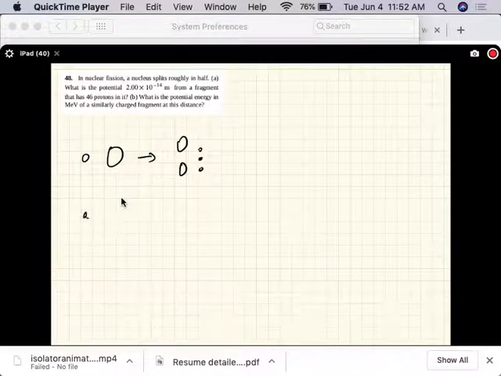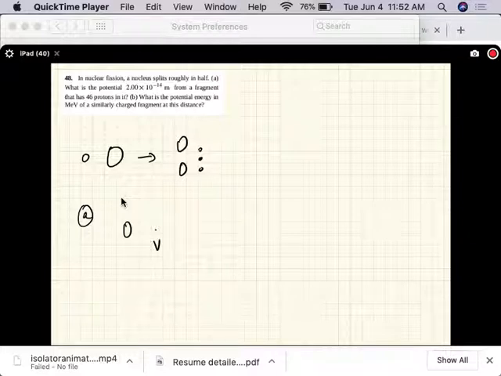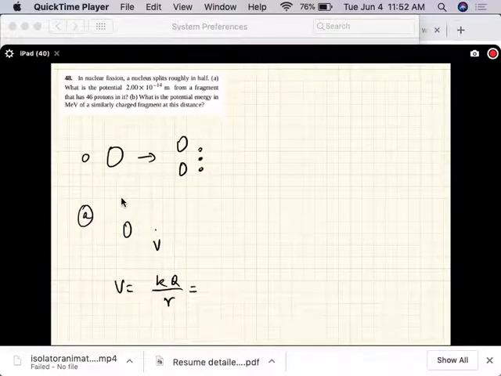So for part A, here's the fragment, and you're finding the potential at a distance of 2 times 10 to the minus 14 meters. And the potential at that location is given by KQ by R. That's equal to K, which is 9 times 10 to the 9 newton meter squared per coulomb squared.